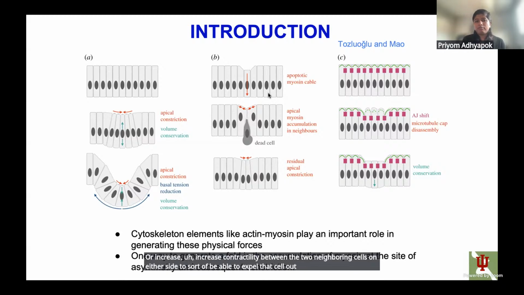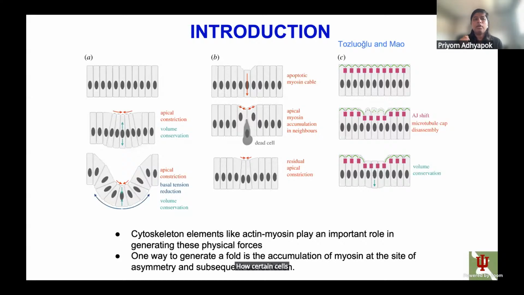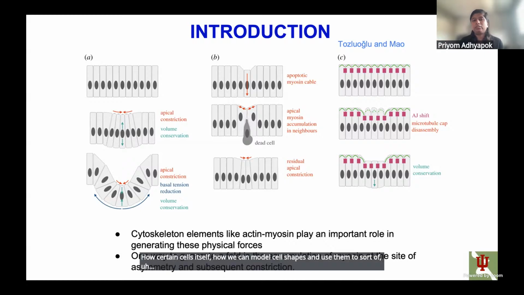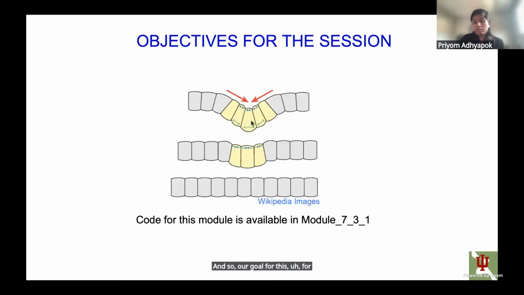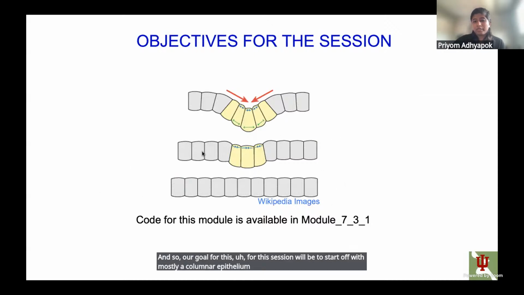All of this requires a basic understanding of how we can model cell shapes and use them to change tissue properties at a more global level. So our goal for this session will be to start off with mostly a columnar epithelium and increase contractility on the apical side of the tissue layer to bring it to a more folded shape.